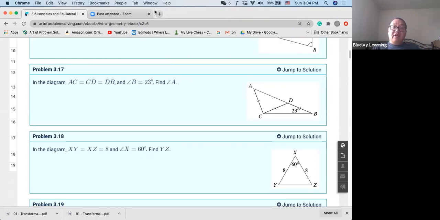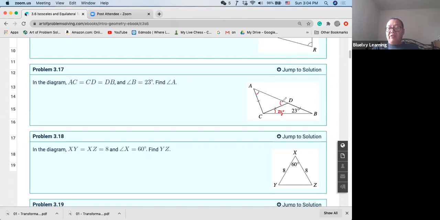So let's see here. CD equals DB. That means this angle also equals 23 degrees, because this is an isosceles triangle, right? Then AC equals CD, so this angle equals this angle.